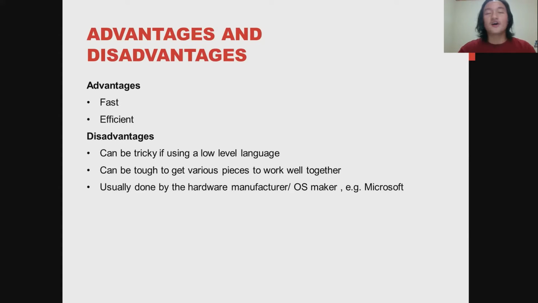The advantages of interrupt-driven input-output are that it is fast and efficient. The disadvantages are that it can be tricky if using a low-level language, and it can be tough to get various pieces to work well together, and it is usually done by a hardware manufacturer or OS maker such as Microsoft.